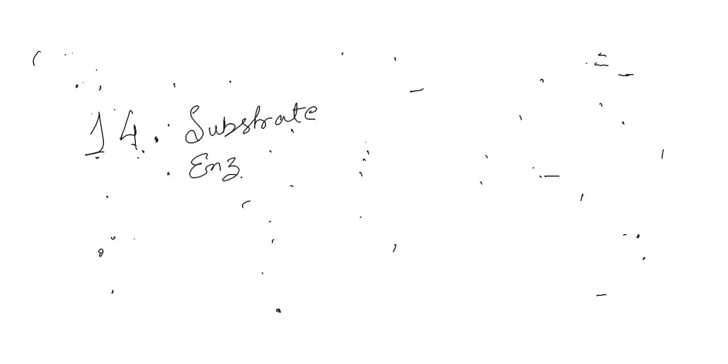What is question number 14? It deals with what do you understand. We are aware that there is a substrate, there is an enzyme, and there are some products, I mean intermediate and final product.